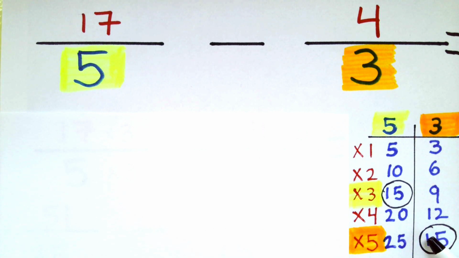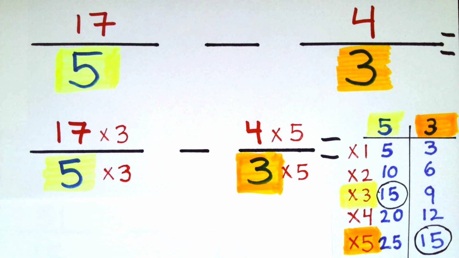Now you know what both of these denominators, 5 and 3, share, what product they both share. What do you do now? Okay, well, looking at the product t-chart, if you said that 5 times 3 is 15, so I'm going to multiply 5 times 3, and what you do to the bottom, you got to do to the top and multiply 17 times 3.